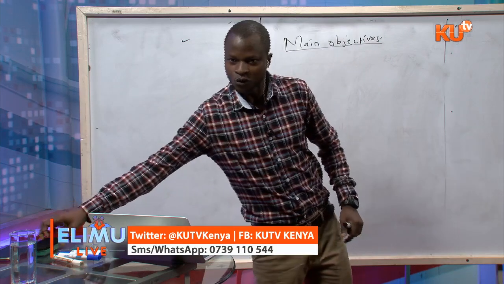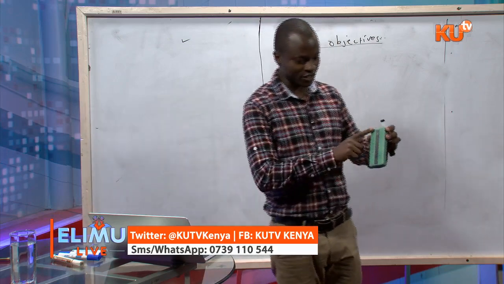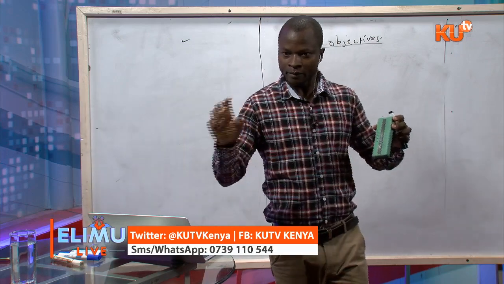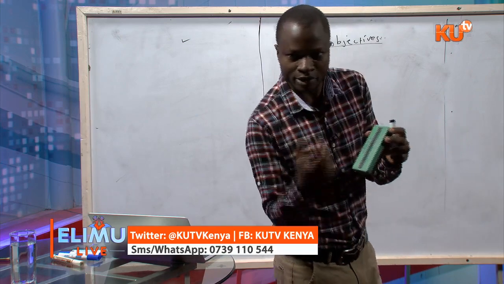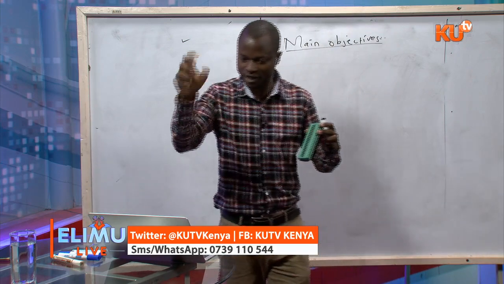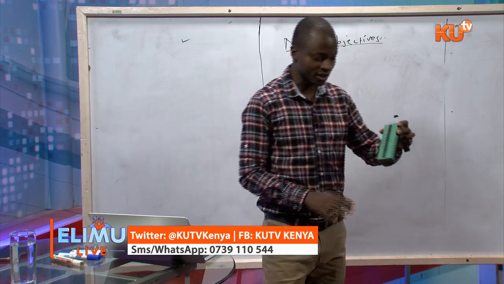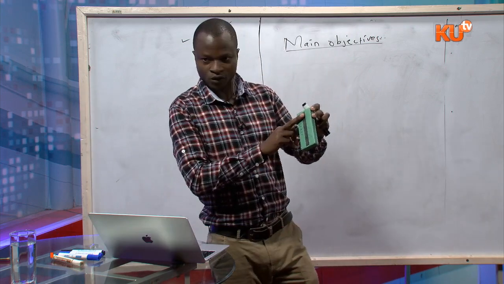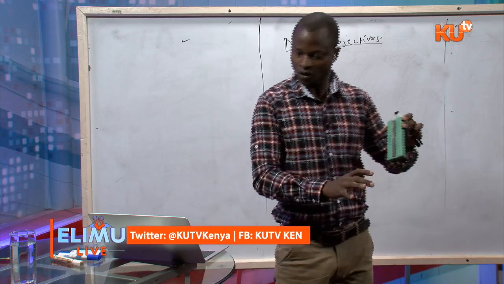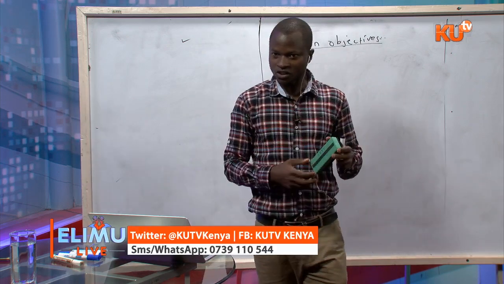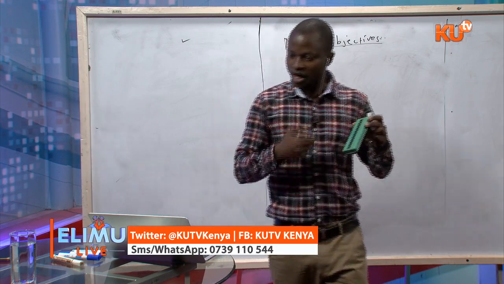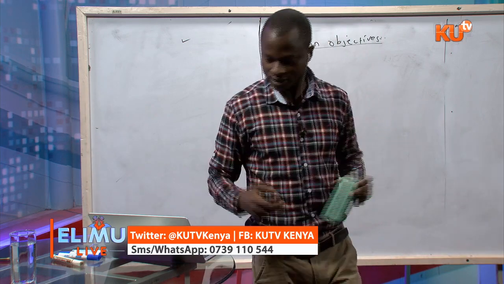If this was my metal and I heat this surface, remember electrons are microscopic particles. You can't see them with your naked eyes. But if this was a surface of a metal and you heat it, what will happen is the electrons will gain energy and break loose from the nucleus.